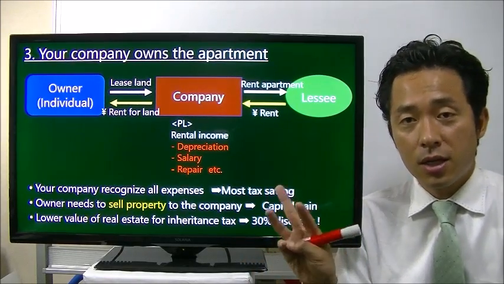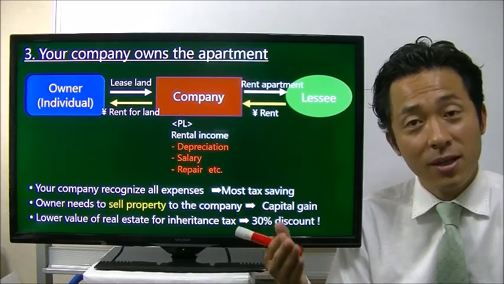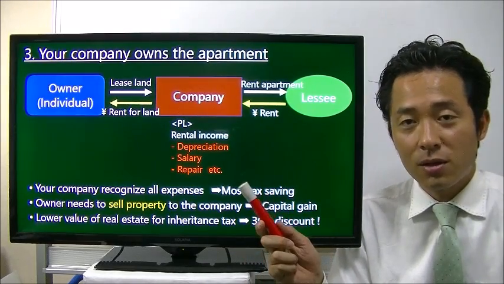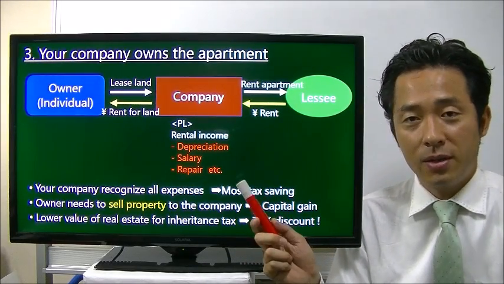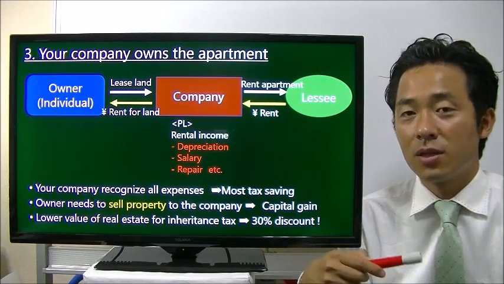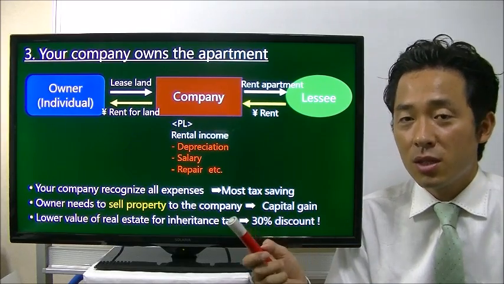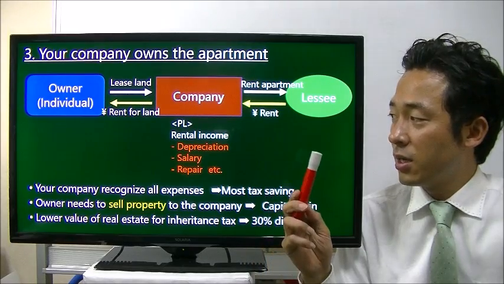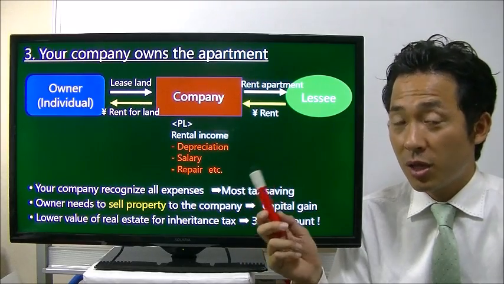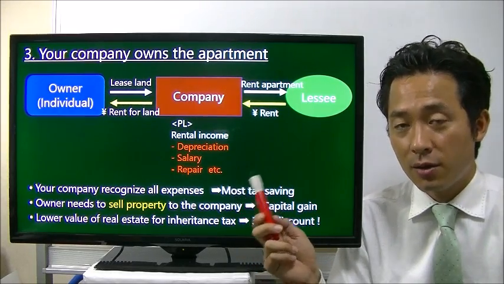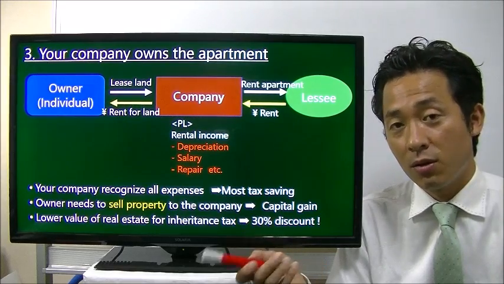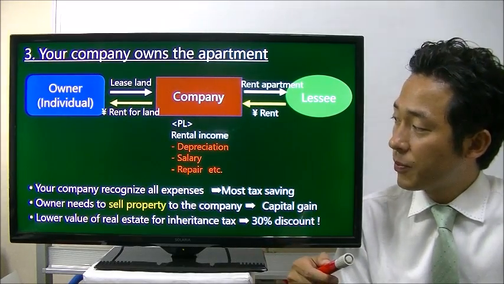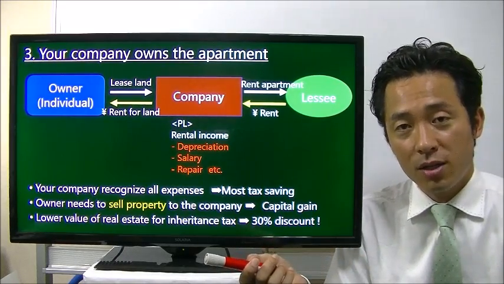And the third case is, this is most tax effective way. You sell your property to your company, and your company rent the apartment. So in this way, the company can recognize all the cost, like depreciation, and the company, of course, pays salary to the employee, which maybe can your wife or yourself, and repairment cost.